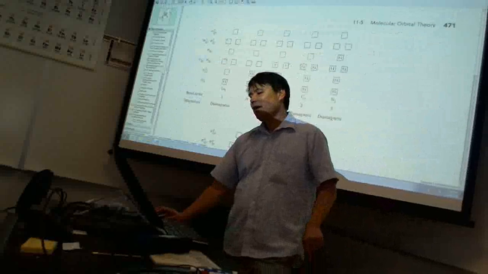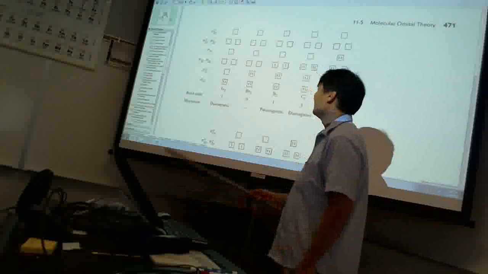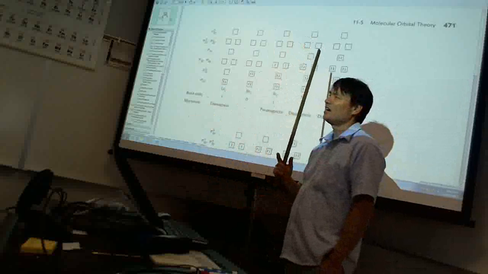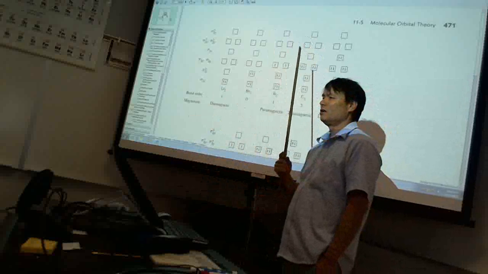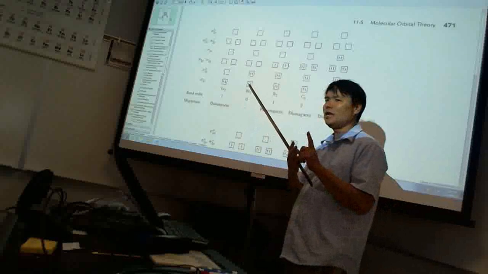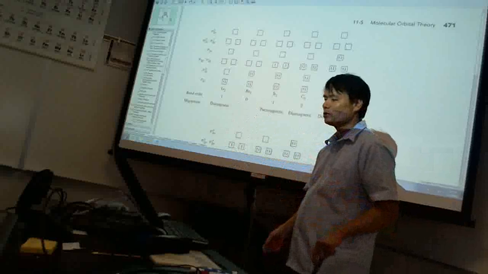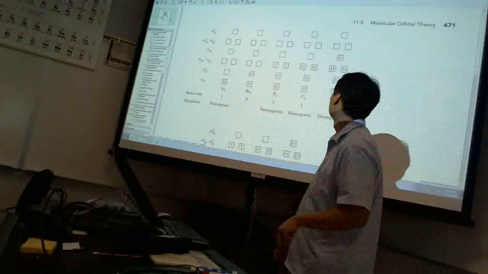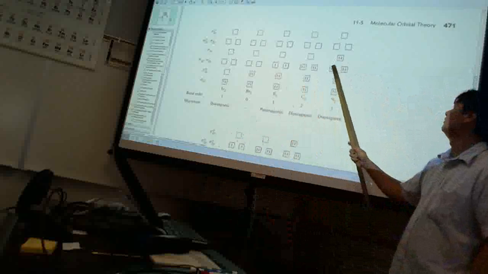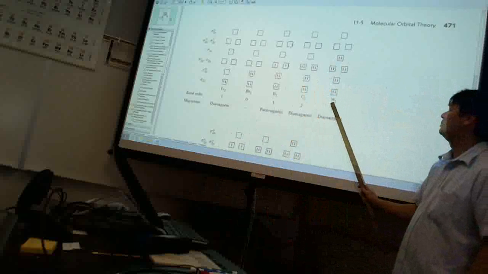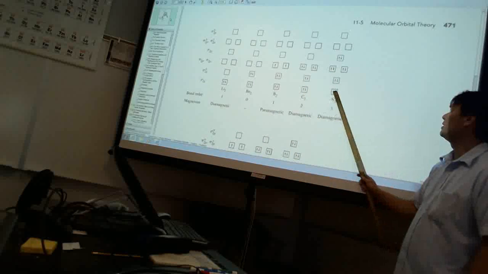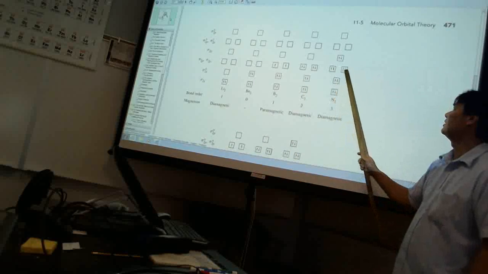Cyanide has 4 electrons from carbon, 5 electrons from nitrogen, and a negative charge means 1 extra electron. So it's 10 electrons, the exact same diagram as N2. So we fill 2, 4, 6, 8, 10.